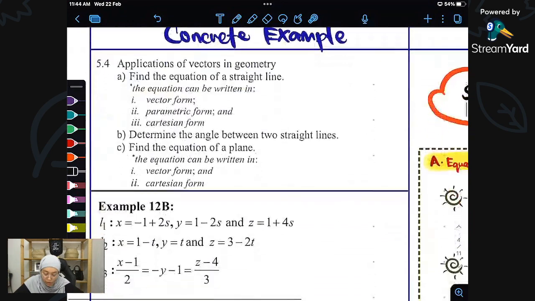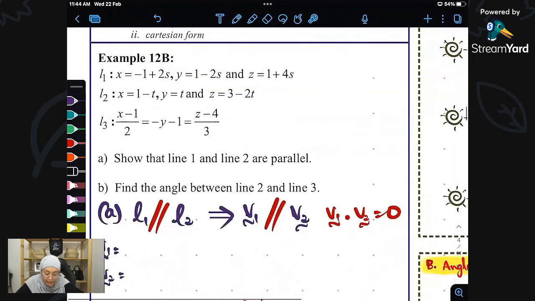Let's go on to 12B. In 12B we are given 3 lines. Oh my god, there are 3 lines here: L1, L2 and L3. It asks us to answer the first question, A: show that line 1 and line 2 are parallel. So let's just focus on the two lines here. What form are we given? We are given the parametric equation form because of x, y and z.